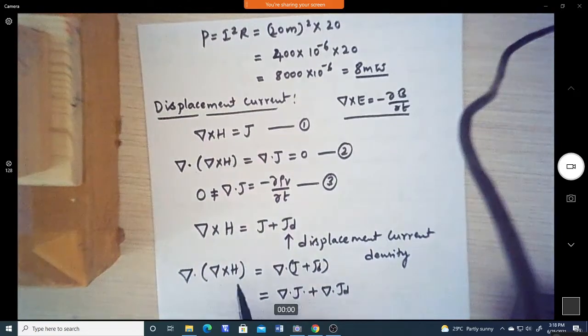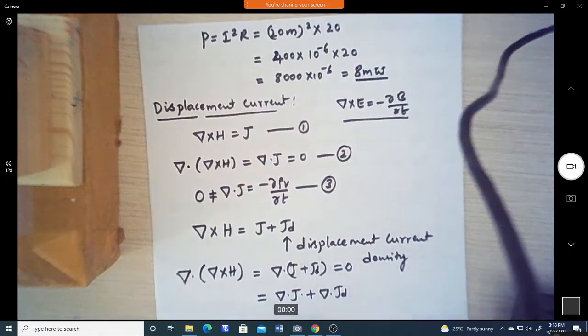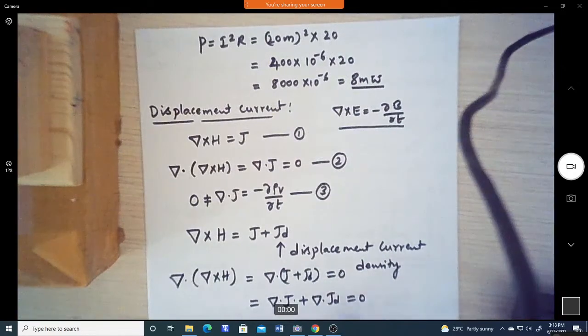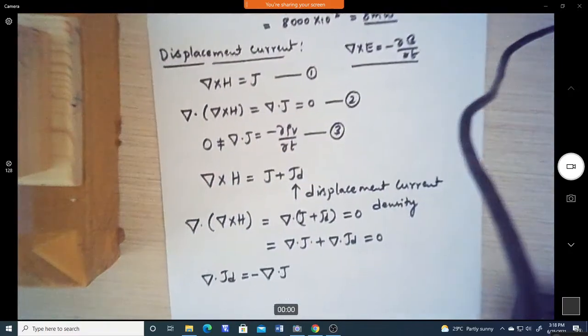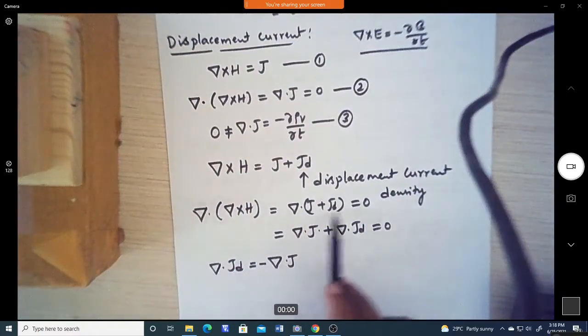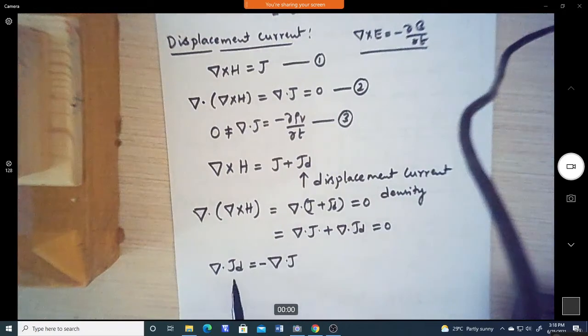If I equate this to 0, in order to satisfy this equation, we get del dot JD equal to minus del dot J. So this should be modified, and del dot JD becomes equal to minus del dot J.